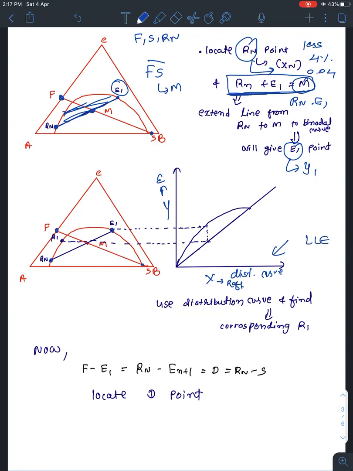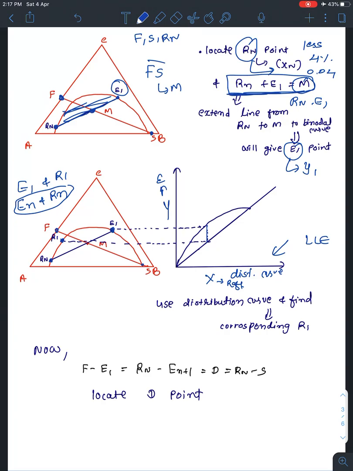So if we plot this curve and we have this point E1, okay, I'll extend this up to this curve, go downwards, and come over here, so this will be my R1 point, right? Because E1 and R1 are in equilibrium. En and Rn are in equilibrium, based on the solubility curve. Okay, so now from this E1 I am getting this R1 point.